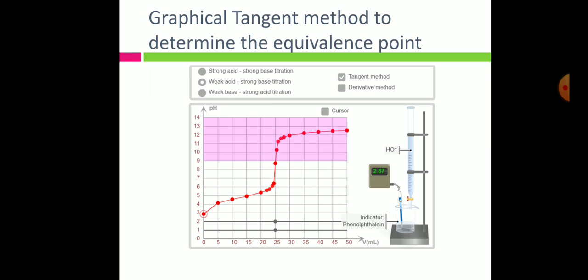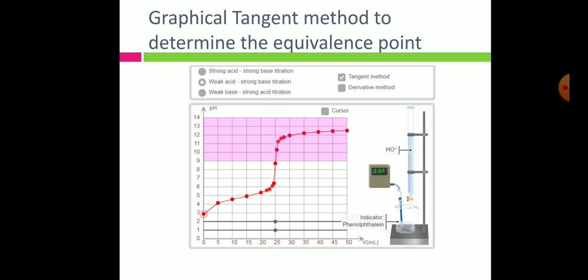Now, when we plot the graph, we are going to get this type of sigmoid curve. This titration curve has a characteristic sigmoid shape. The part of the curve that has the maximum change in pH marks the equivalence point of the titration.